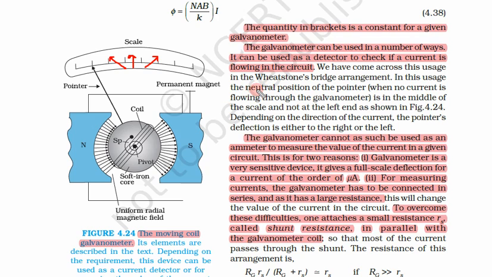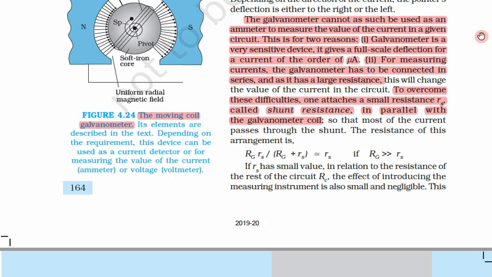Now let us come to the main point, using it as a current meter, or what we call an ammeter. The galvanometer cannot as such be used as an ammeter to measure the value of current. In this form, as it is shown here, we cannot use this galvanometer as an ammeter. An ammeter is a device to measure current.